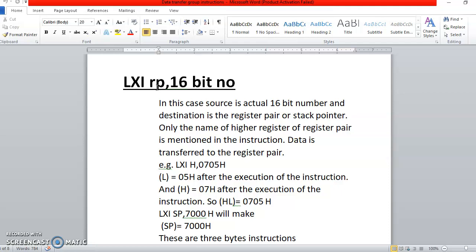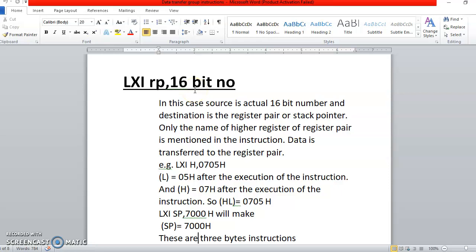Just now we had seen the BC register pair, the DE register pair and the HL register pair, which are the 3 register pairs. So if I have to mention the register pair name in the instruction, it will be B, D or H, depending upon which register pair I am using. So LXI RP, 16-bit number is similar to the MVI instruction.